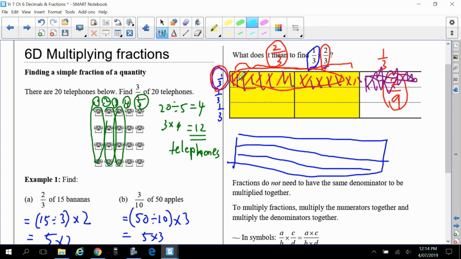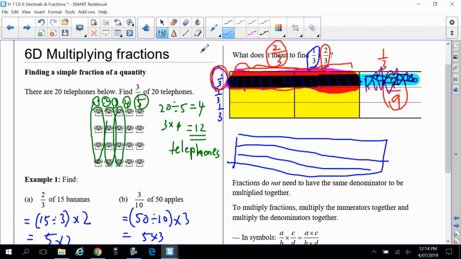The highlighter blue is 1/3. And from that 1/3, we cut 2/3 of it. So 2/3 of it will be this bit, and that becomes dark. Does that make sense? Which means out of the total, there's only 2 out of 9. Okay, so that's complicated.